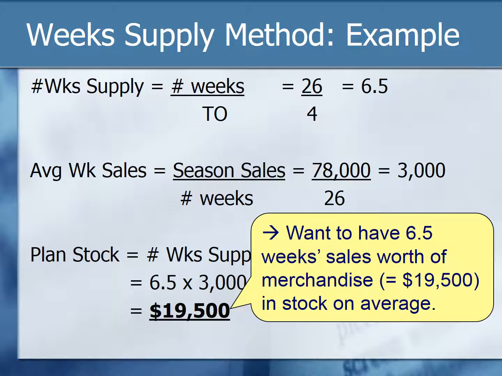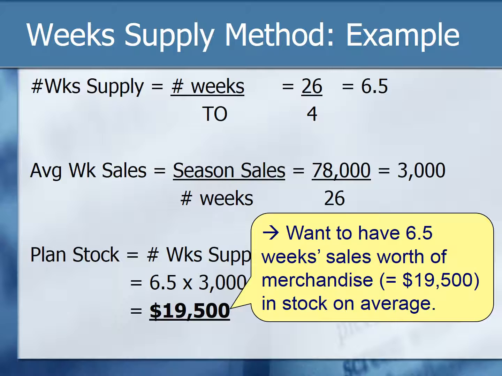So that $19,500 worth of stock will be sold over around 6.5 weeks, and that is the one stock turn worth of merchandise, right? So we want to have 6.5 weeks sales worth of merchandise, which is $19,500, in our stock on average. So this is going to be our average inventory or average stock. That's the interpretation of this number.